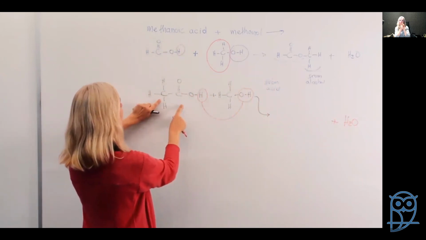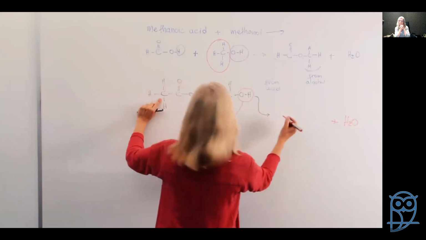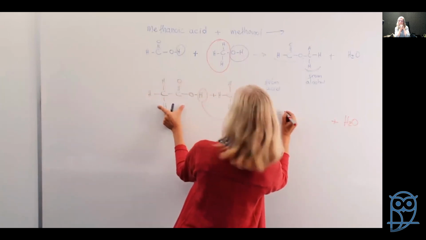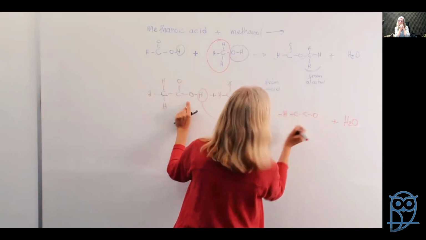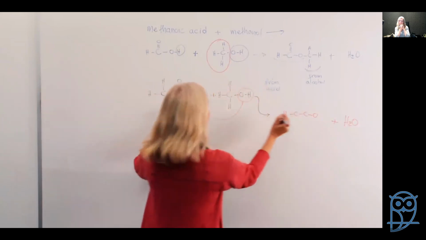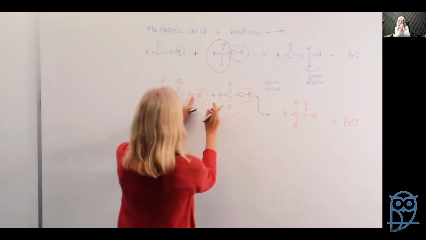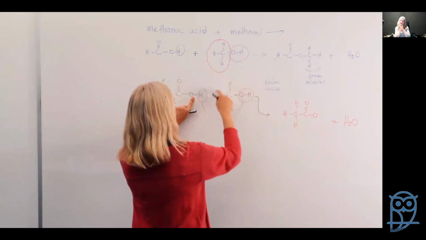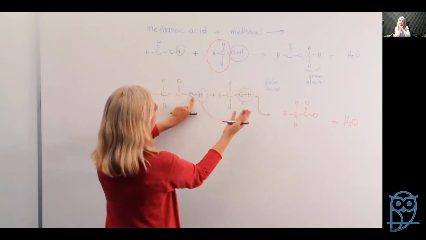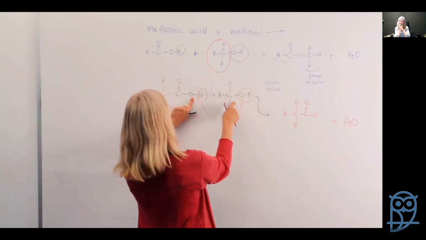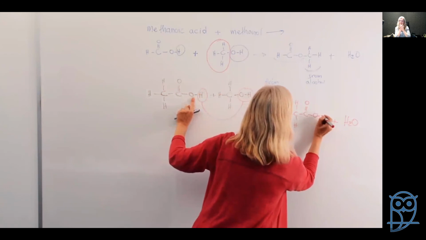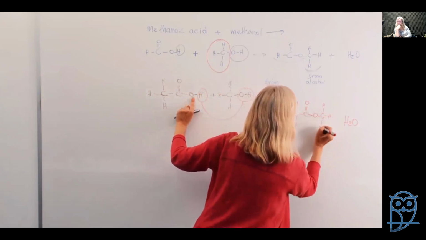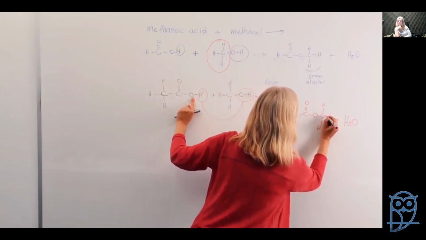Here we have ethanoic acid, so all this part, the 2 carbons and the oxygen, stay there. And what is this part from the alcohol? The remaining part of the alcohol attaches to the oxygen, which is a methyl in this case. So there we have our ester.